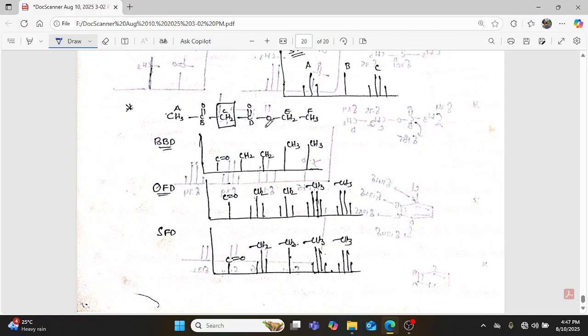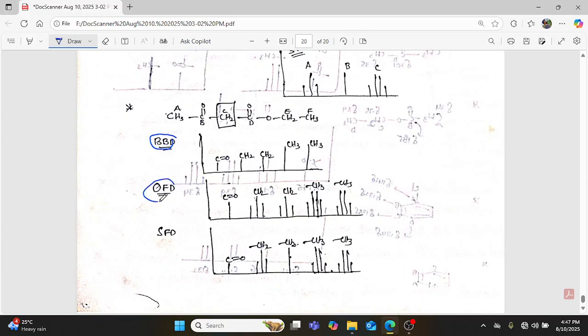For this example, we will identify all types of decoupling. In case of broadband decoupling, all types of carbon will appear as singlets. See, all are appearing as singlets, but the intensity is higher for carbons containing more hydrogens.